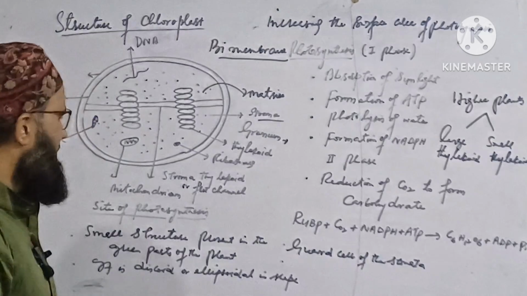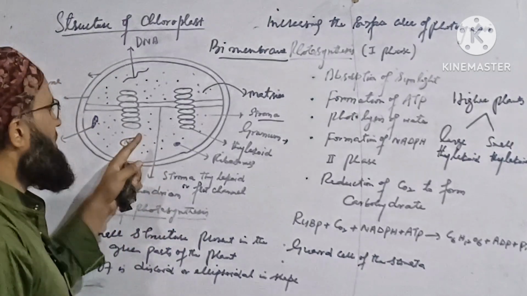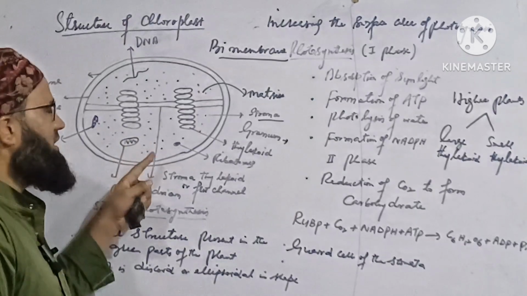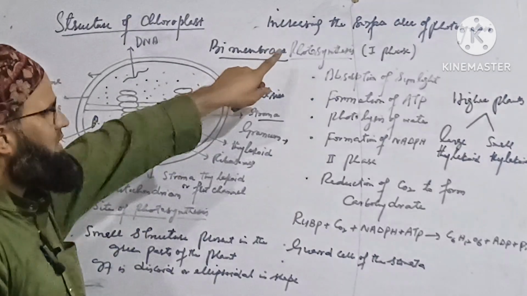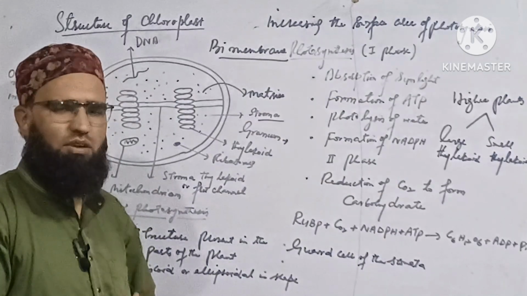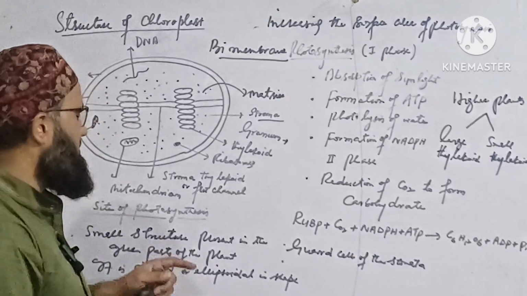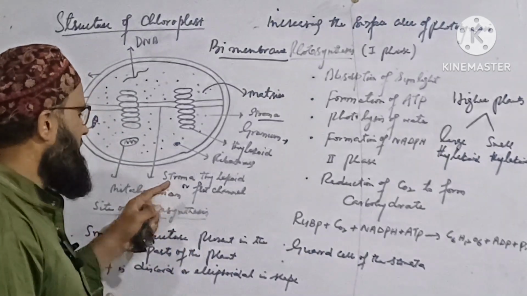These stroma thylakoids are present throughout the stroma of the chloroplast because they help in increasing the surface area for photosynthesis. That means more and more photosynthesis takes place by the presence of these stroma thylakoids.